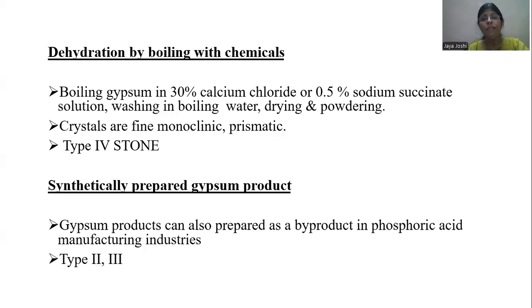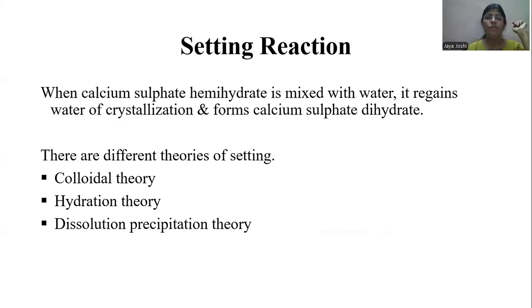Calcium sulfate hemihydrate is a byproduct in the phosphoric acid manufacturing process. So that way also gypsum products are manufactured. But the common way to manufacture the gypsum product is by heating calcium sulfate dihydrate, either by dry calcination or by wet calcination.